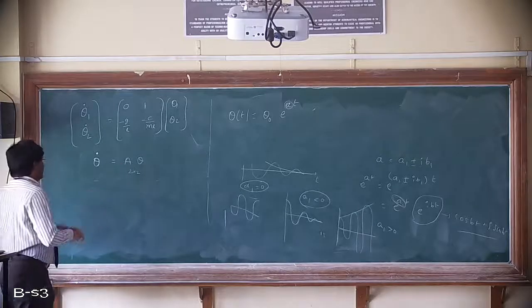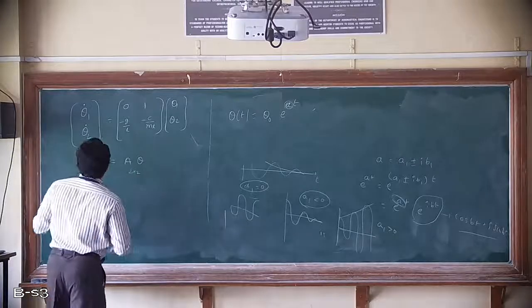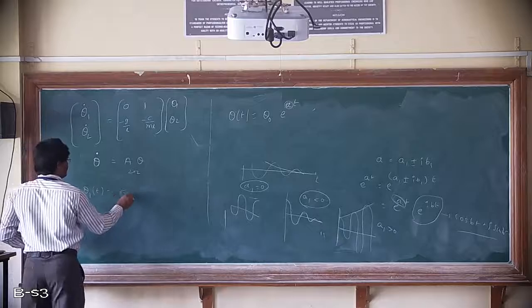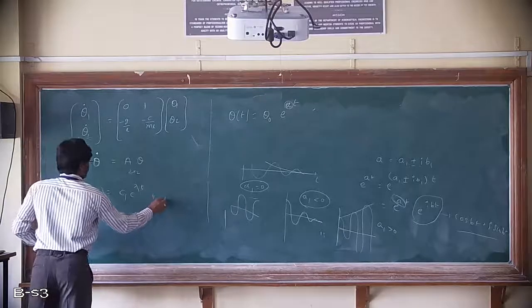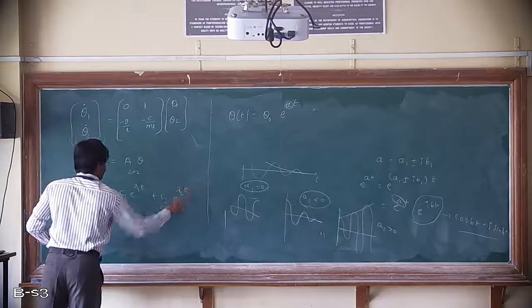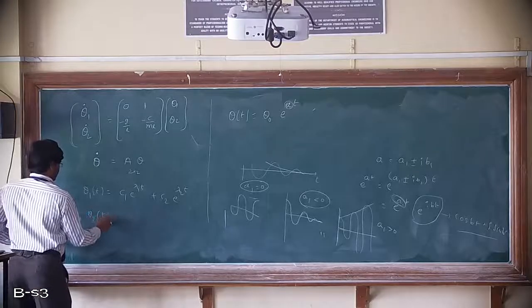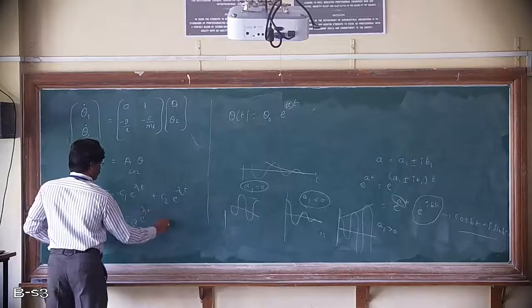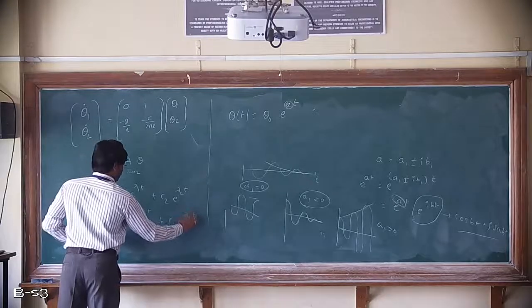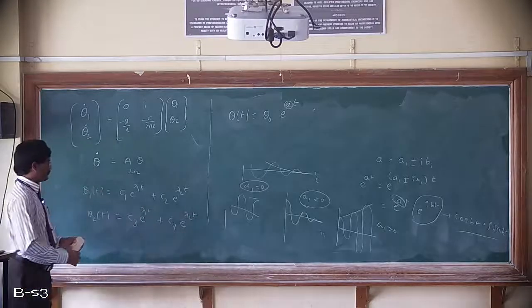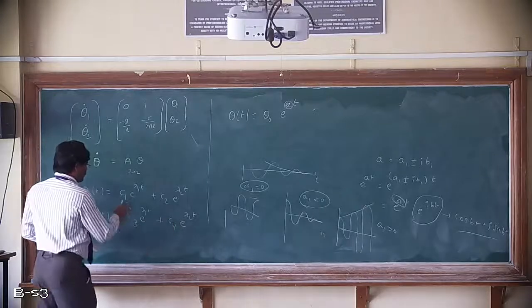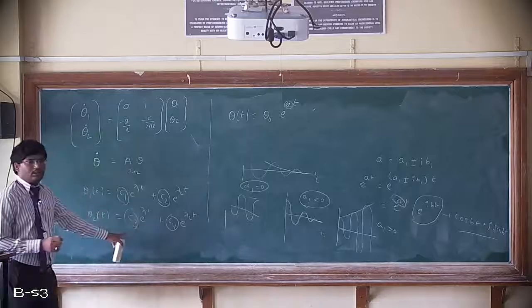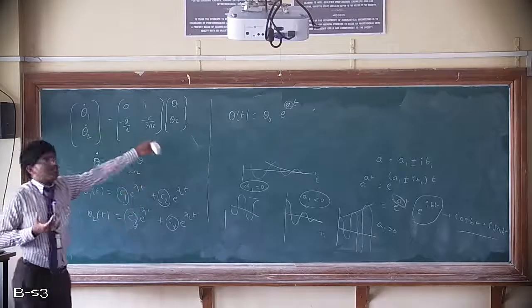In this case, your response theta 1 t will be in this form. These C1, C2, C4 are constants. These depend on initial conditions.